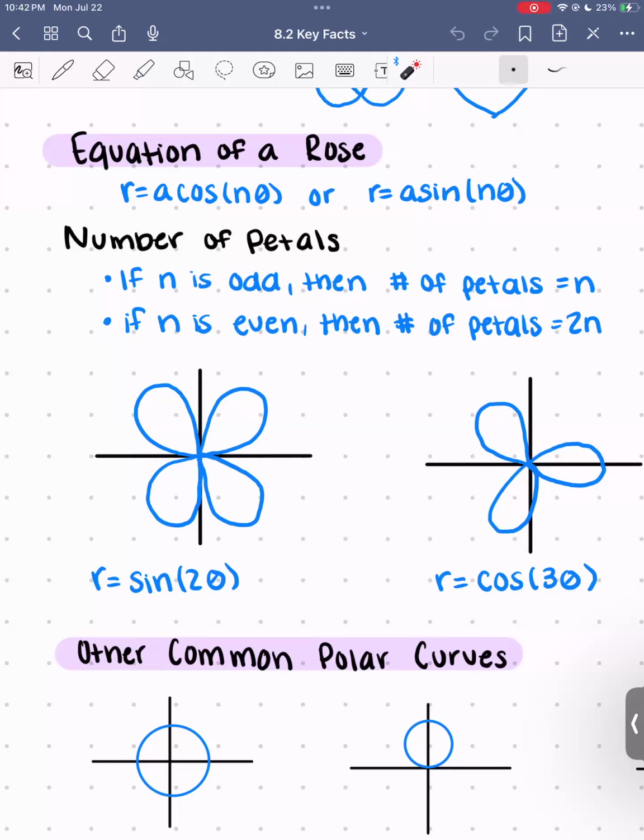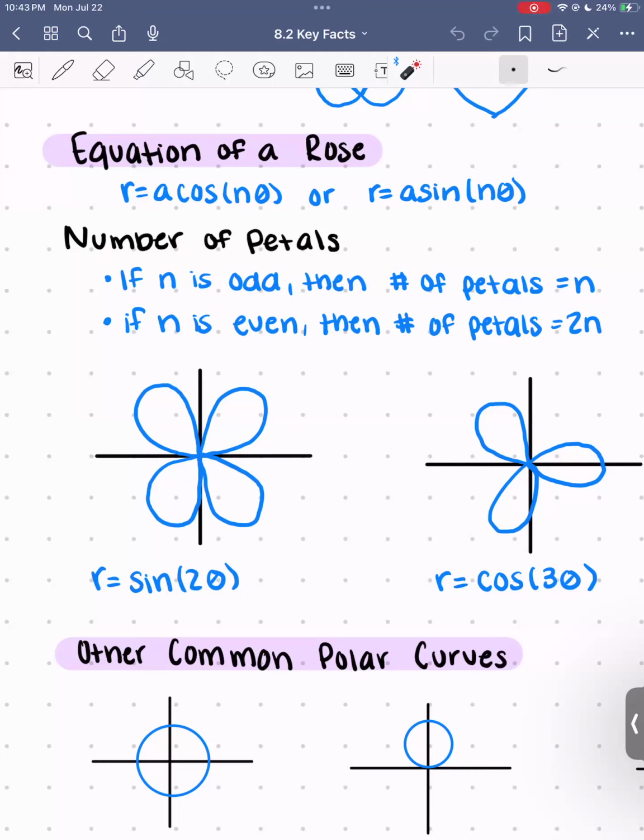And n is just any whole number, so 1, 2, 3, 4, etc. What n does is determine the number of petals on our graph. If n is odd, then the number of petals is just going to equal n. If n is even, then the number of petals is going to be double n.